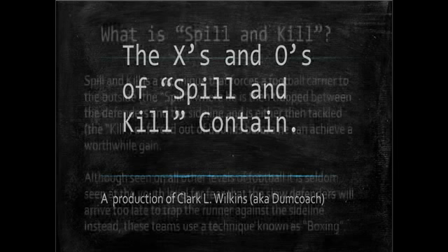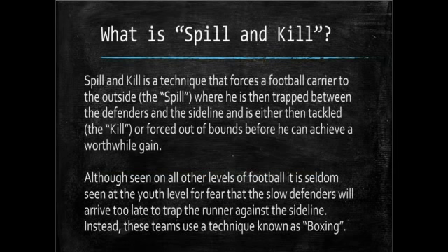So we'll start with the first slide here, which of course is what is spill and kill. Well, spill and kill, the idea of defending a sweep is to deny a runner space, and you can do that one of two ways. The key thing when you're defending space on a sweep is that the sideline marks where open space ends.